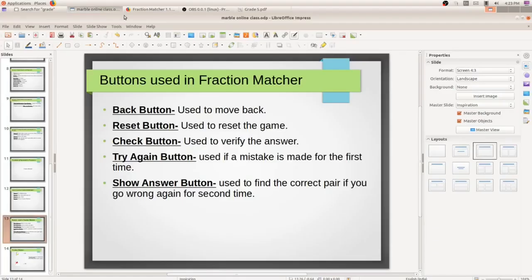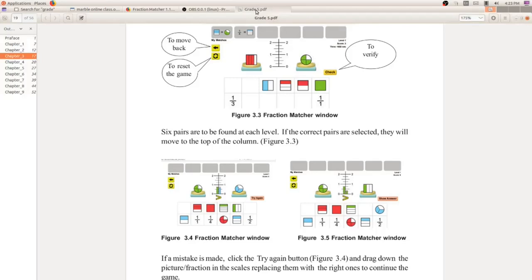What is the next button? Yes, the check button. What is its use? It is used to verify the answer. Again in your textbook page number 19, you can see a button here on the right side. This one is the check button.